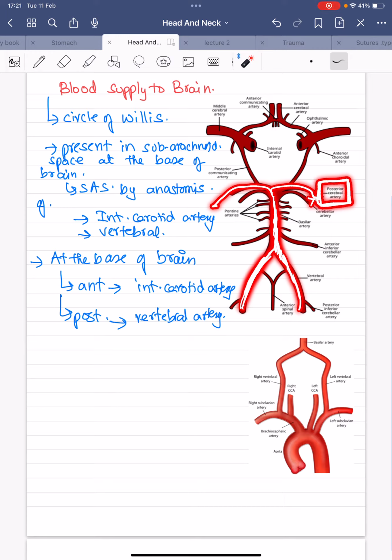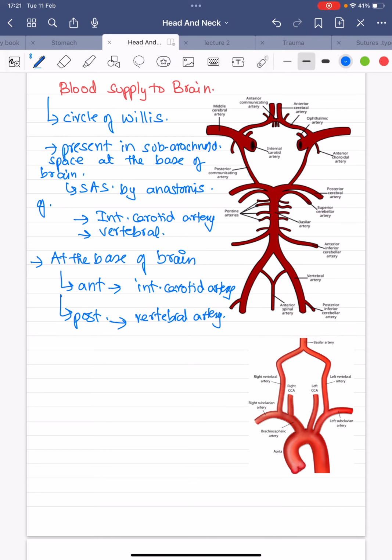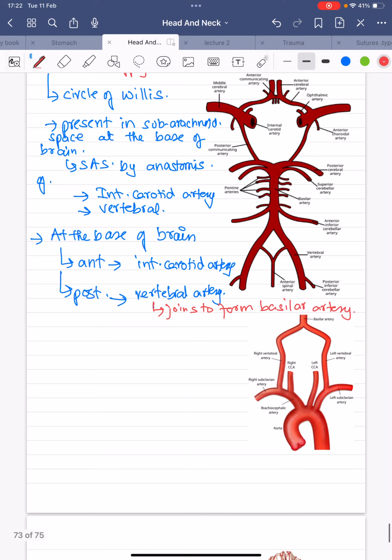So the vertebral artery, which is present posteriorly, contributes to the circle of Willis by the posterior cerebral artery. The vertebral arteries join to form the basilar artery, and the basilar artery gives the branch of the posterior cerebral artery.